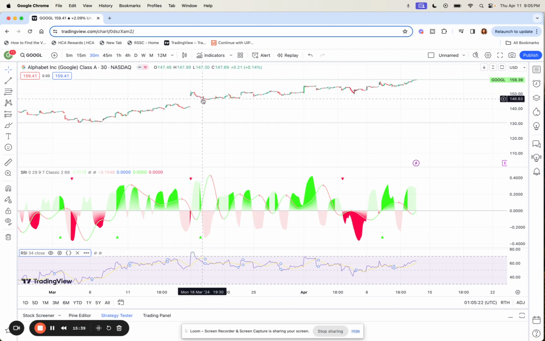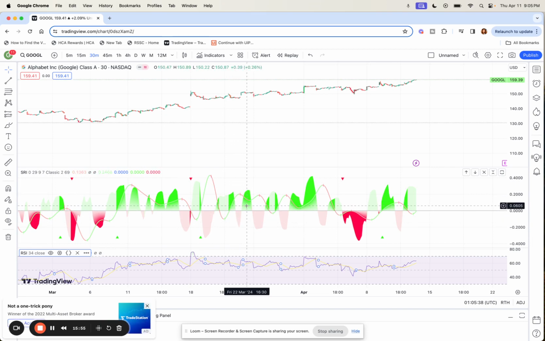So 151 all the way to 146, almost 10 points. So definitely want to pair these two together to be able to make your trades successful.